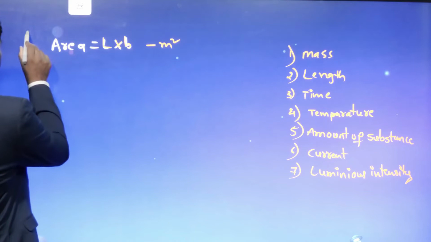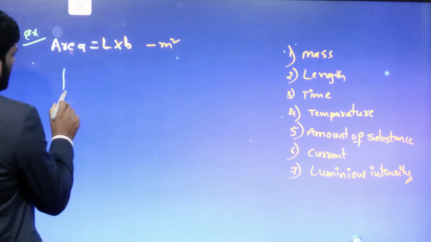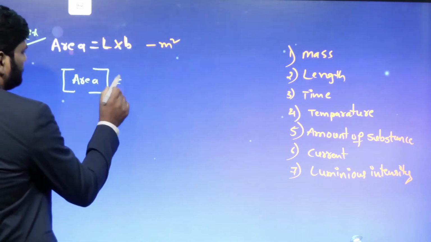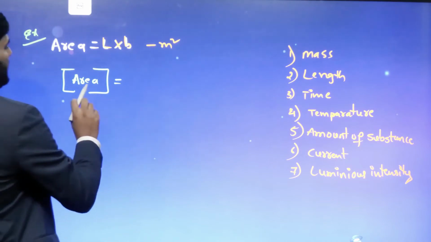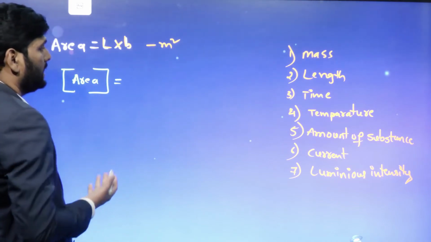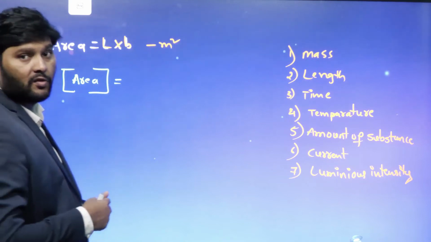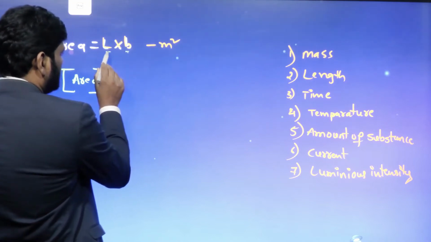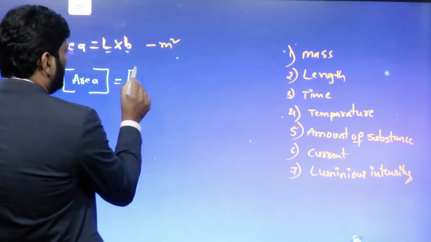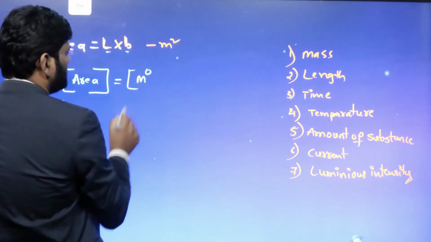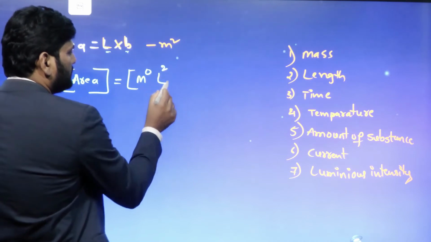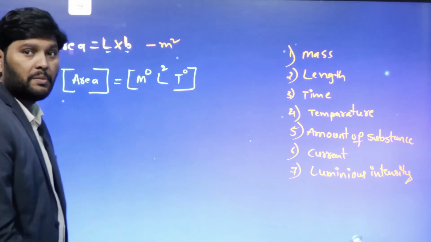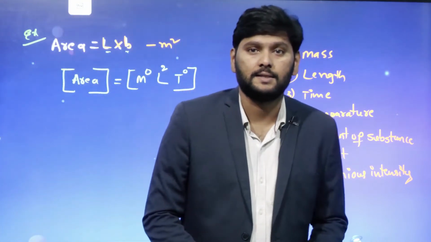So I am taking area in a square bracket, and I wish to write this area in terms of fundamental quantities. Area is length into length, into breadth. This is length, this is length. So here mass contribution is 0, length contribution is 2, time contribution is 0.